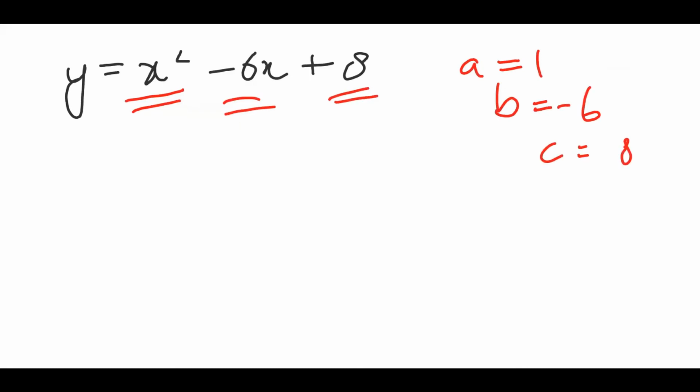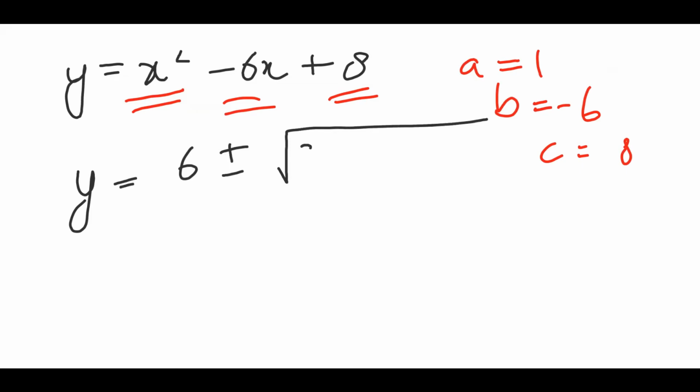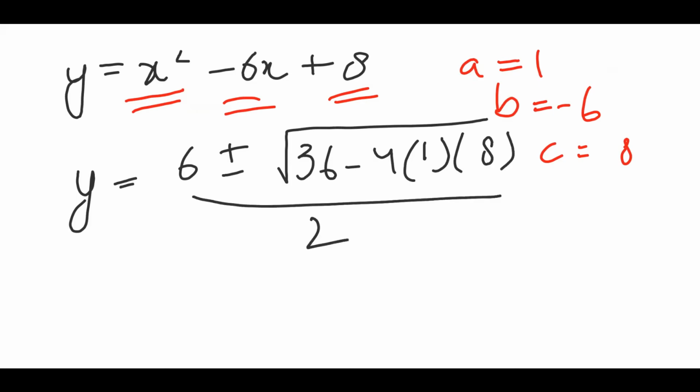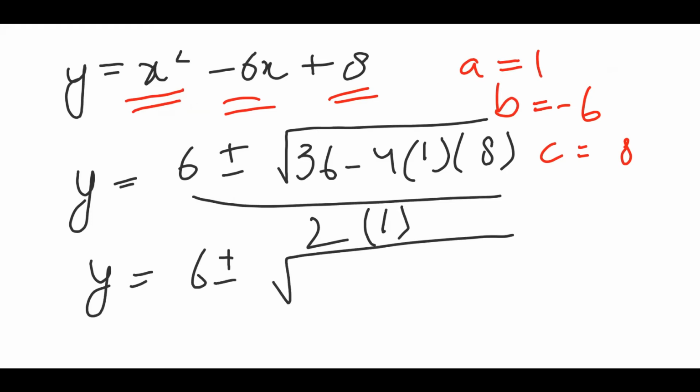So putting this into the quadratic formula, we get minus b, so minus 6 becomes plus 6, plus minus under root b squared becomes 36, minus 4 into a which is 1 and c which is 8, divided by 2 into a, which is 1. So we get 6 plus minus under root 36 minus 32, divided by 2.